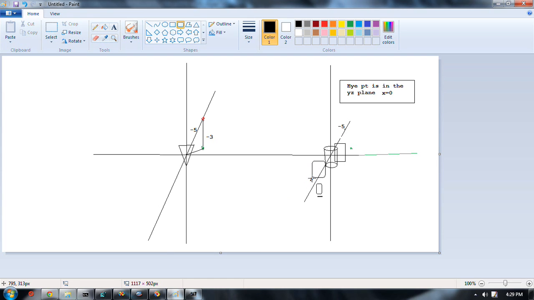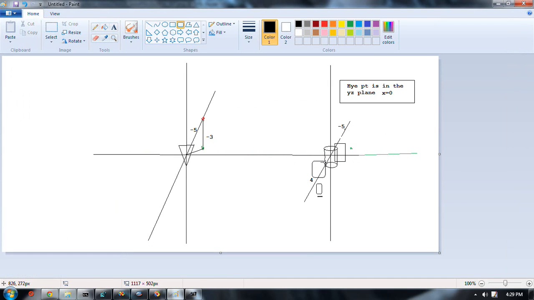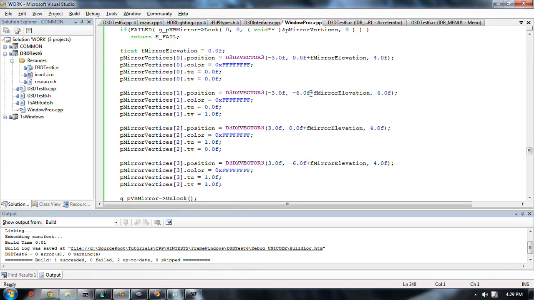And so now I've gone from here to here, I think. Yeah, I just moved in y in my direction -6, and now I move to +3 in x, which is this point. Okay, and that corresponds to texture coordinate 1, right?